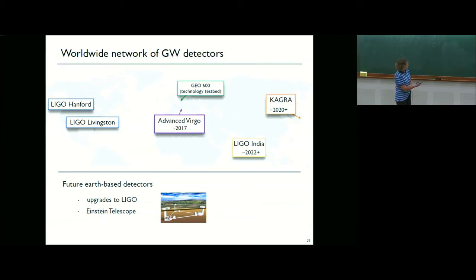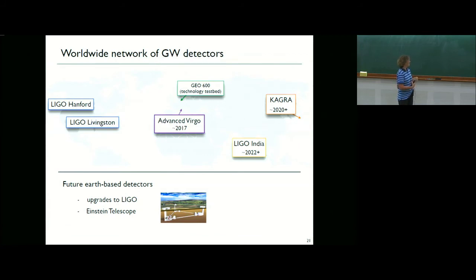And then there's also a detector in Japan called KAGRA that also uses new technologies like cryogenic cooling of the mirrors to reduce noise and so on. Having this kind of worldwide network is really important if one wants to look for an electromagnetic counterpart to the gravitational wave signals, because it really helps to localize the sources in the sky.